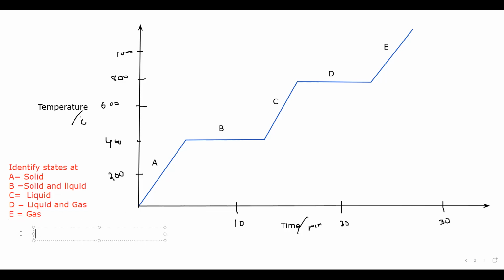Now, from this graph, what is the melting or the freezing point? Because the melting and freezing point is the same thing. The only difference is the change in state, like solid to liquid or liquid to solid. So what is the melting or the freezing point?